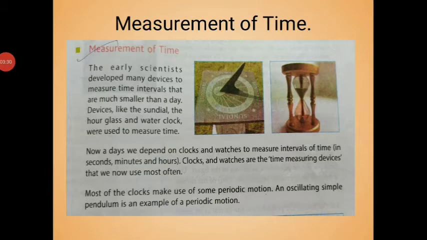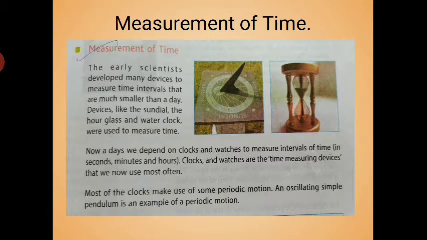The early scientists developed so many devices to measure time intervals that are much smaller than a day. Devices like the sundial, the hourglass and the water clock were used to measure time.